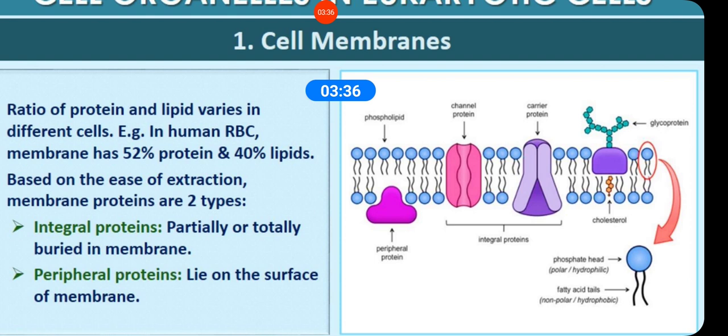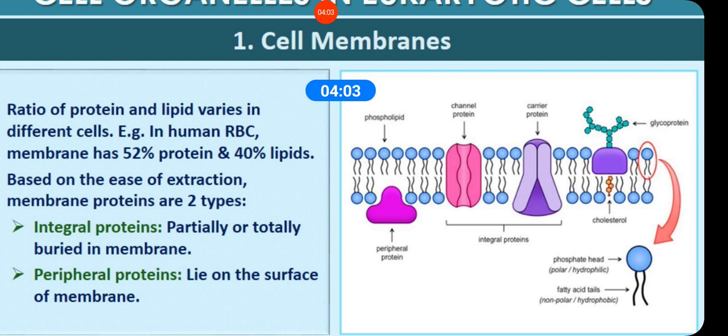You can see here the carrier proteins and channel proteins; these are integral proteins. Those which don't communicate on both sides are called peripheral proteins. Along with this, cholesterol and glycoproteins are there. In the diagram, at the bottom, it has polar and non-polar parts.